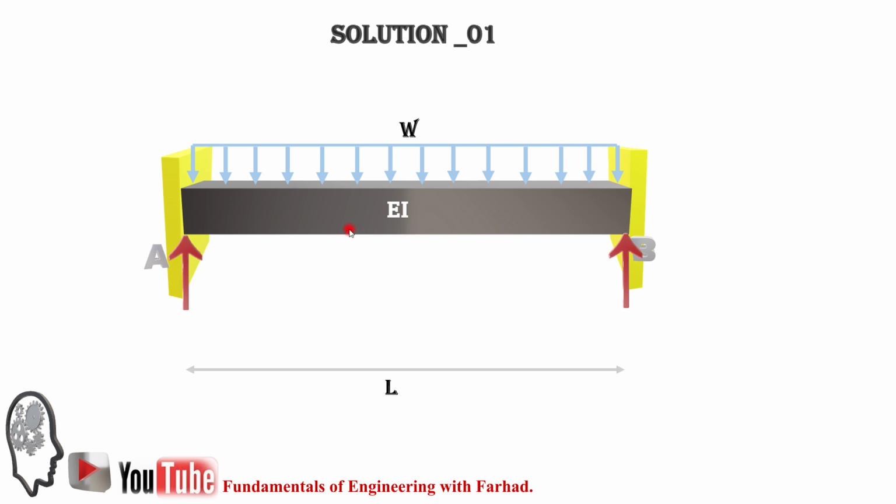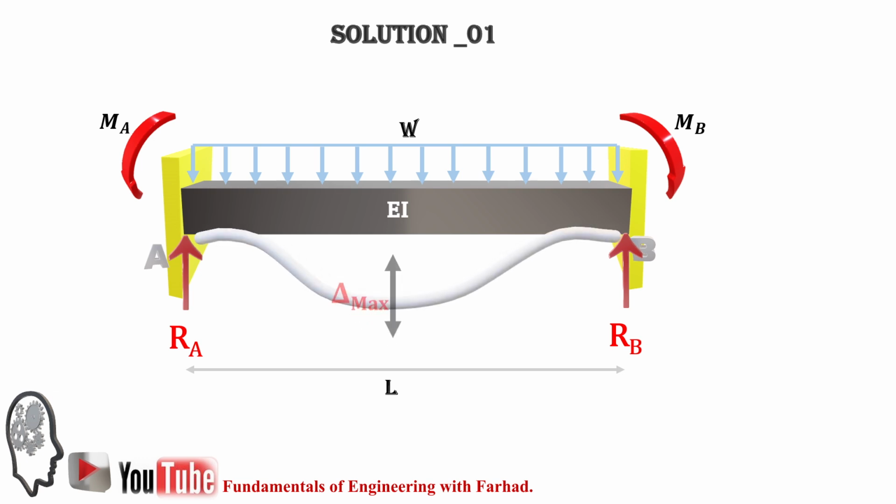and B, we have evenly distributed reactions for R sub A and R sub B due to the symmetry, and that's WL over 2. There are two identical moments, MA and MB, developed at the fixed support, and also delta maximum, which we are looking for in this problem.